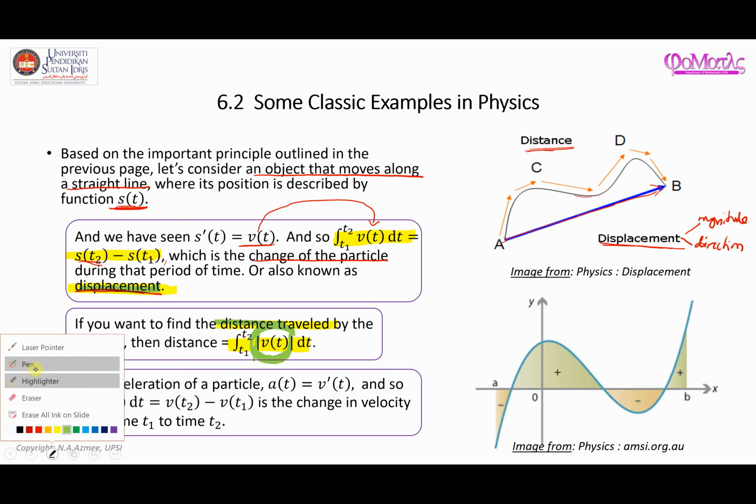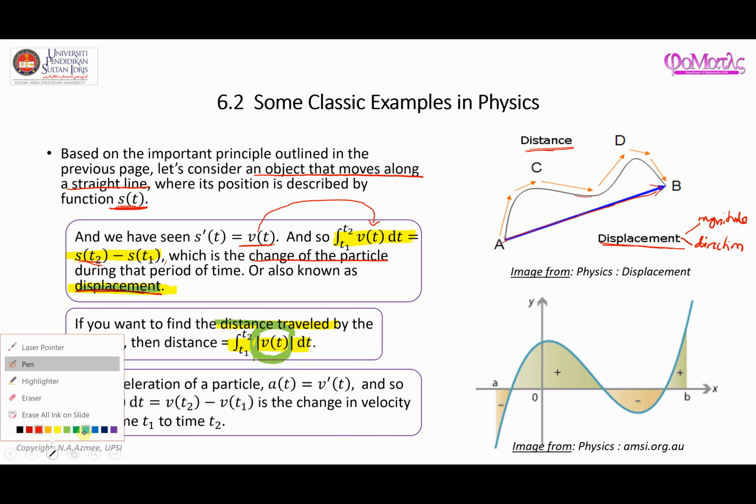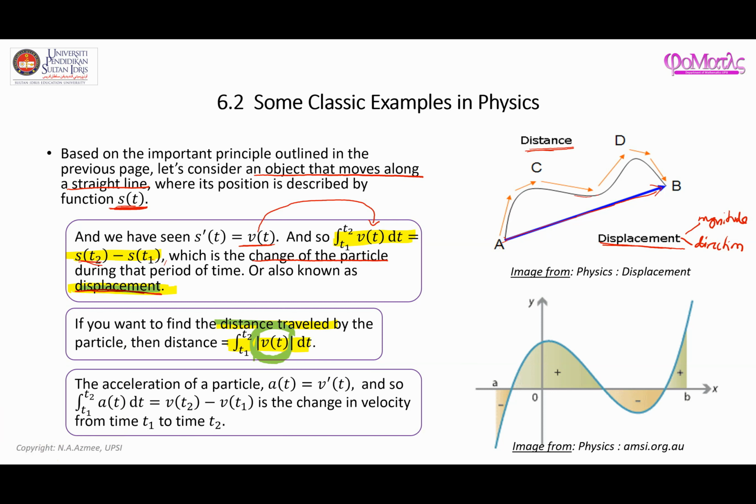If you see on this figure here, instead of y, let me be specific, this may represent our velocity function, and this represents the time, which is t. Since t begins from 0 onwards, t is a positive value, so we do not need this part here.